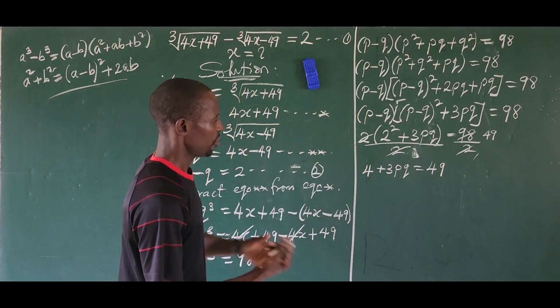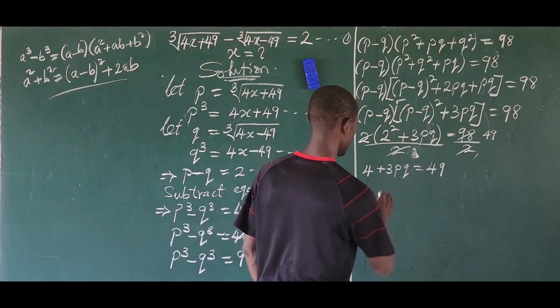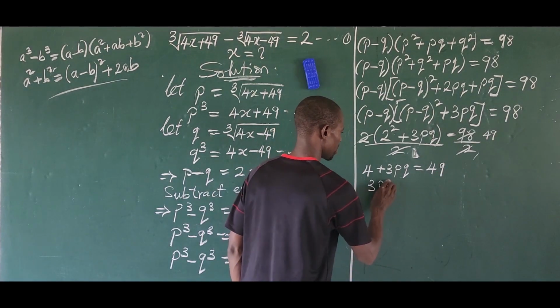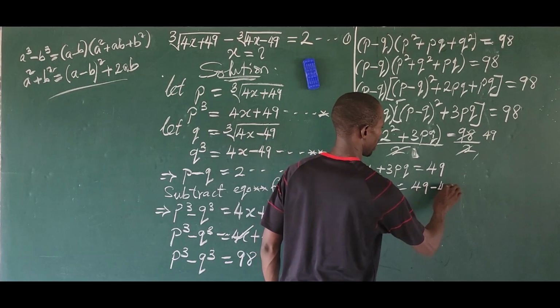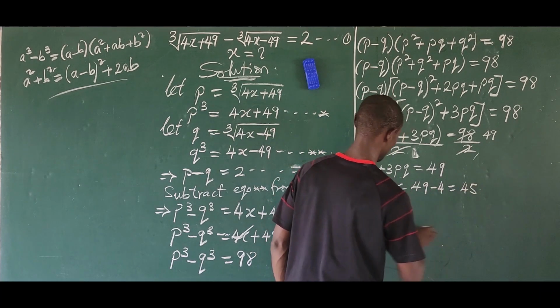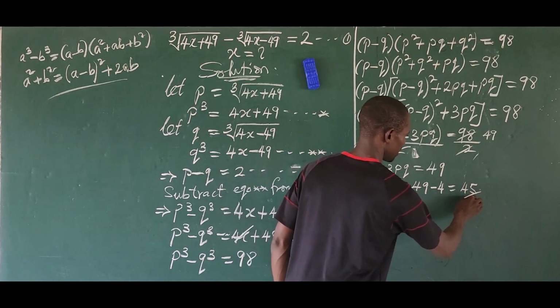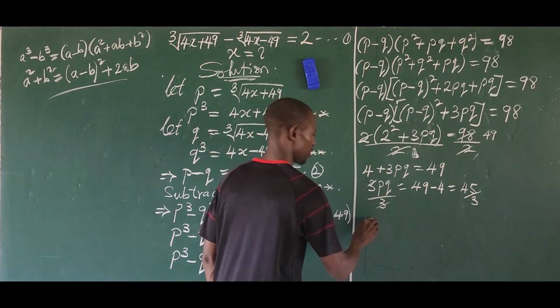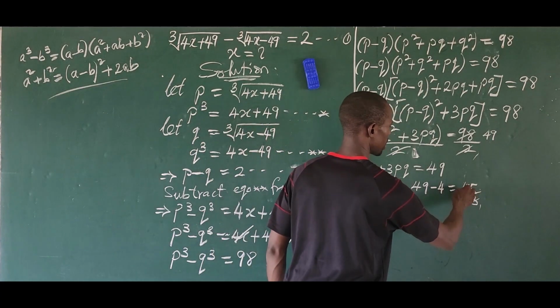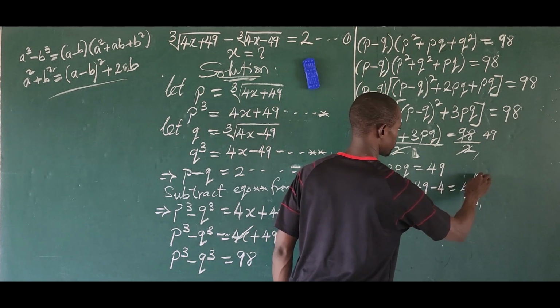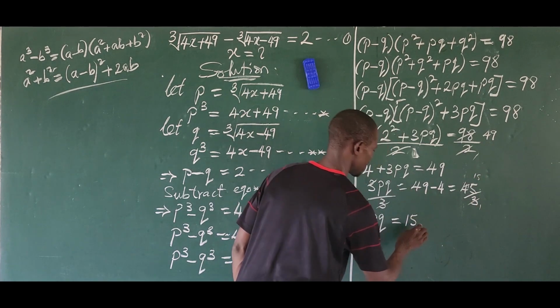All right. We send the 4 to the other side to give us 3PQ is equal to 49 minus 4, and this gives us 45. Divide by 3, divide by 3. Cancel, cancel. So PQ is now equal to 15, since 3 into 45 gives 15.